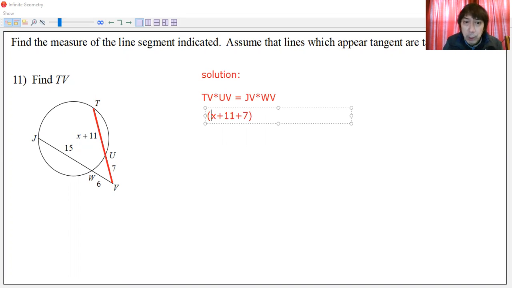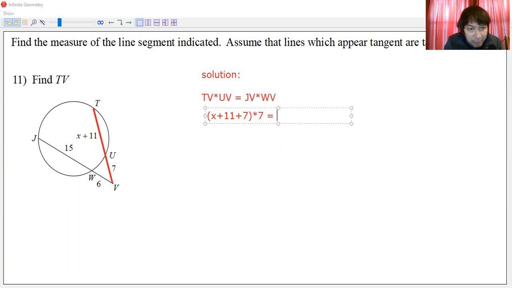Multiply this by the external segment 7, and this is equal to, let's put the 7 after the group, because that part is UV. So let's put the 7 here times the 7, and this is equal to JV.